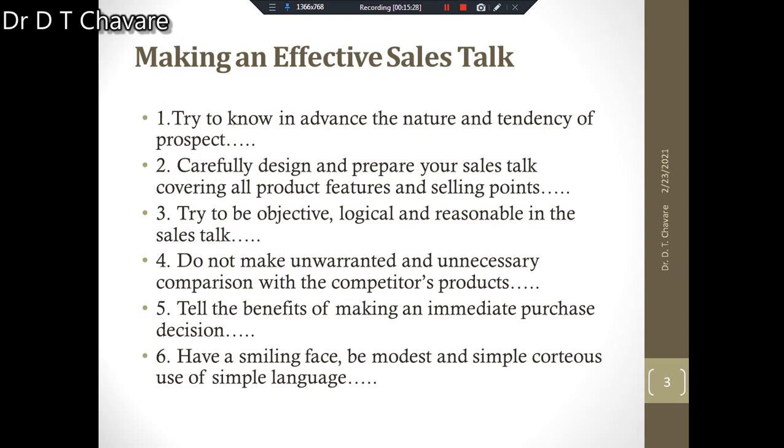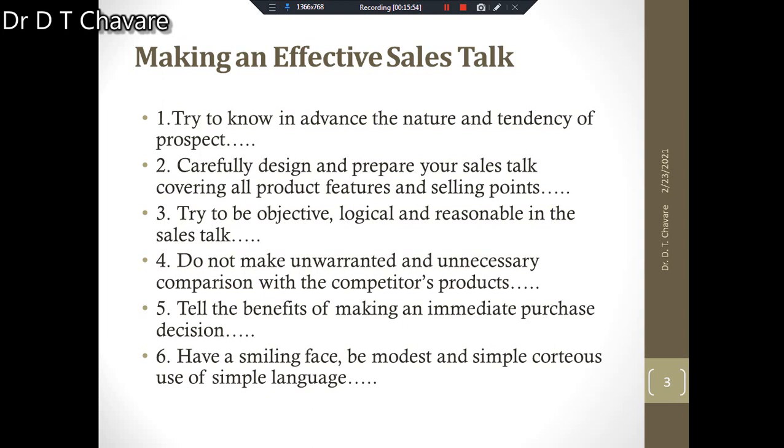Personal selling demands direct, personal, person to person and face to face interaction and communication. It involves a dialogue between the salesman and prospective buyers. Effective sales talk ensures the fruitfulness of the interaction.